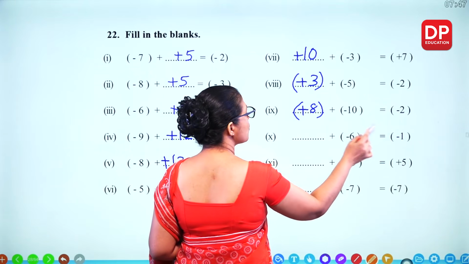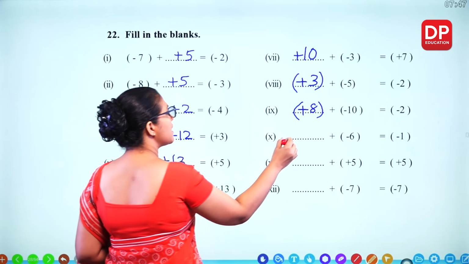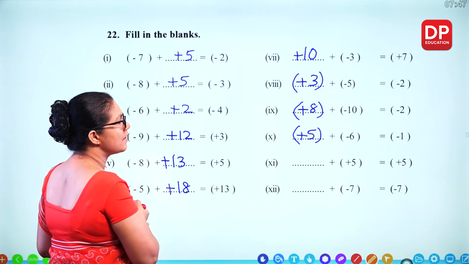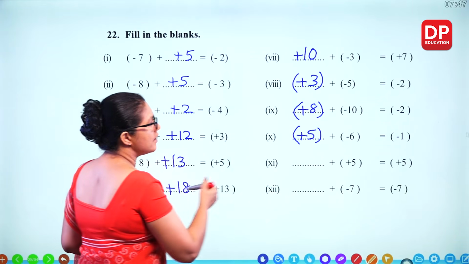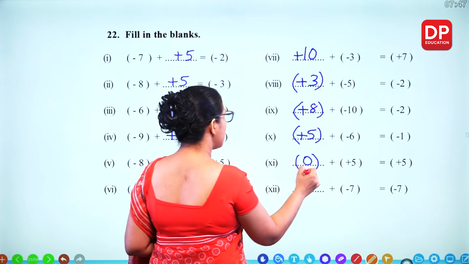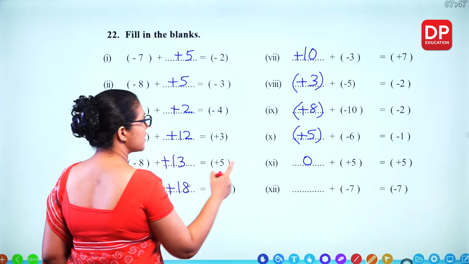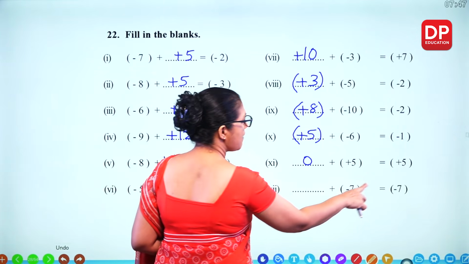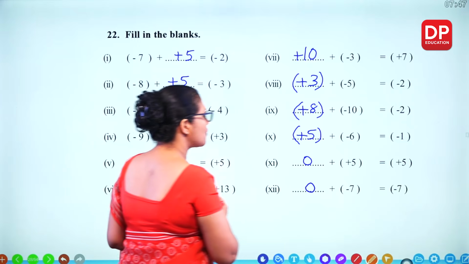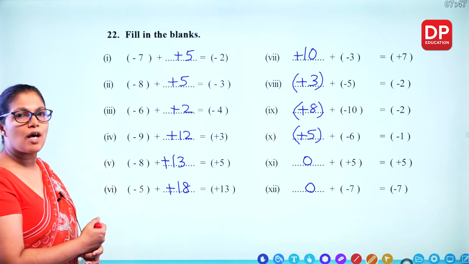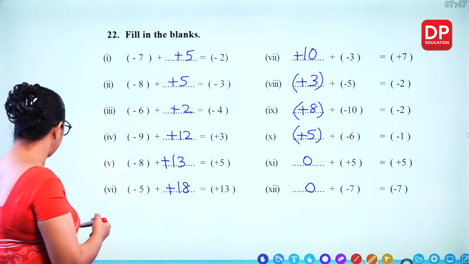Minus 1 is there, so that means you are adding plus 5. Difference is 1. Plus 5 is there, so you are adding 0, so you don't need brackets. 0 plus 5, that's plus 5. Minus 7 is there, so add 0 to that. So that's how you get the difference.